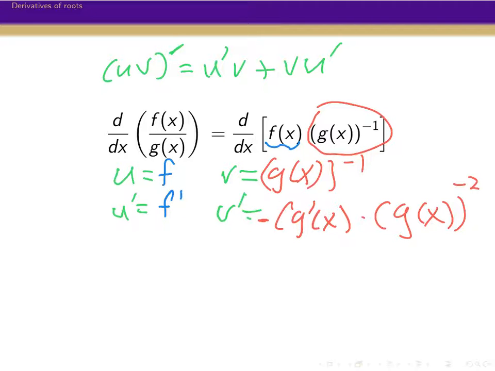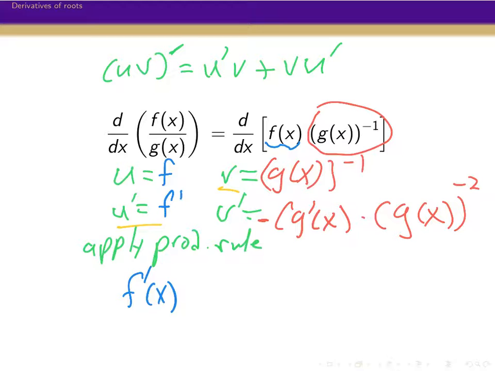And so when we apply the product rule, u prime v is going to give me f prime of x times g of x to the minus 1.